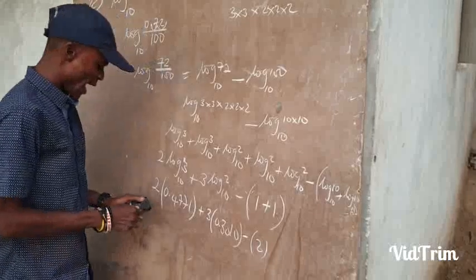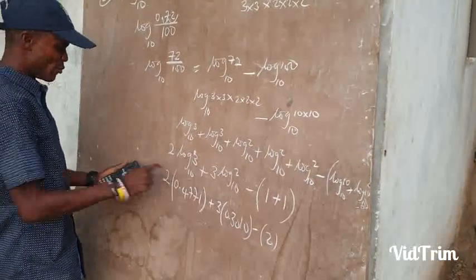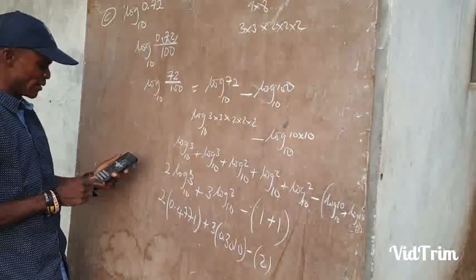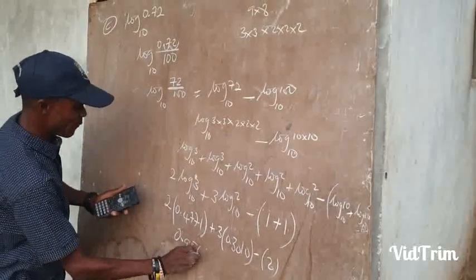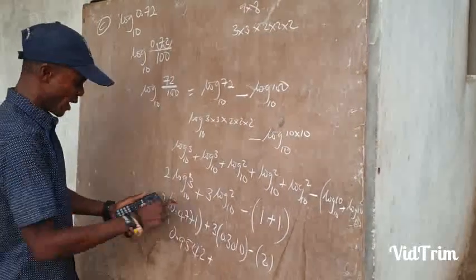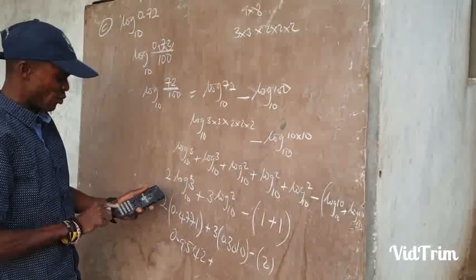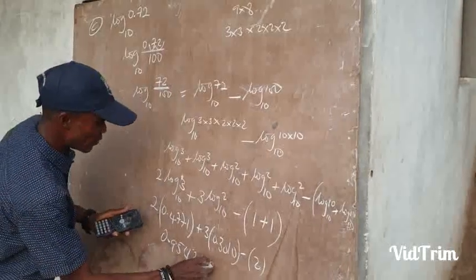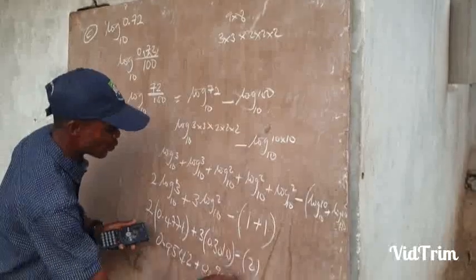So let us now check this one. We have 2 times 0.4771, 2 times 0.4771. That will give us 0.9542, plus, when you multiply 3 by this value in the bracket, we have 3 times 0.3010, that is 0.903, minus 2.